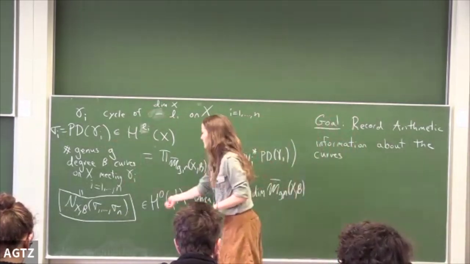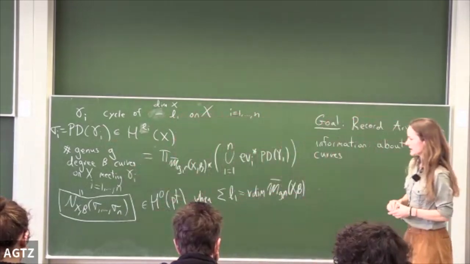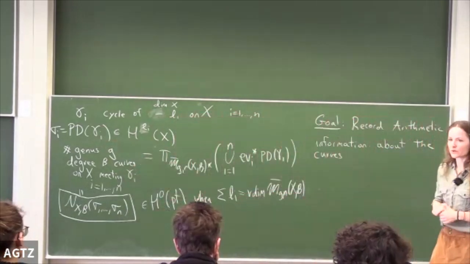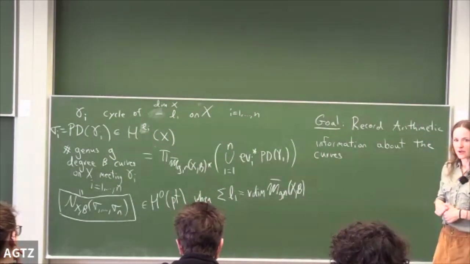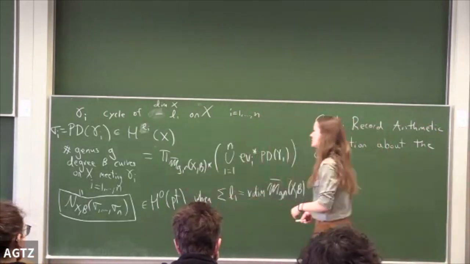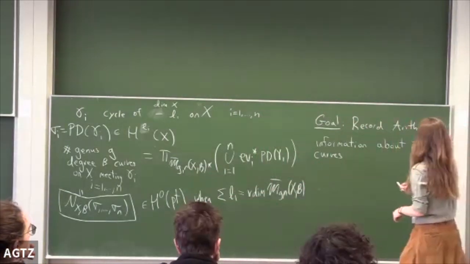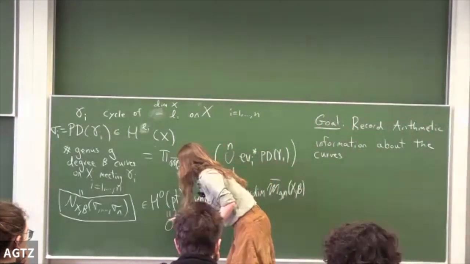And if these are going to be Q-valued, because you've got stacky points and you're taking H^0 with Q coefficients, to make the push forward more standard, to have better tools to talk about what a push forward is. So this is some rational number about the curves.